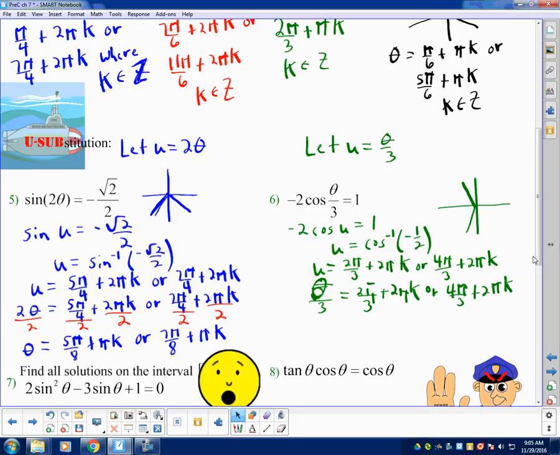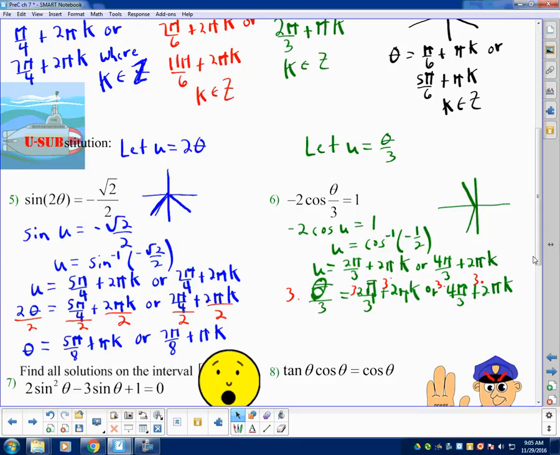And then I'm going to multiply through by 3. So we're going to multiply this by 3, this by 3, this by 3, and this by 3. That board is messing up. This is a pi right here.